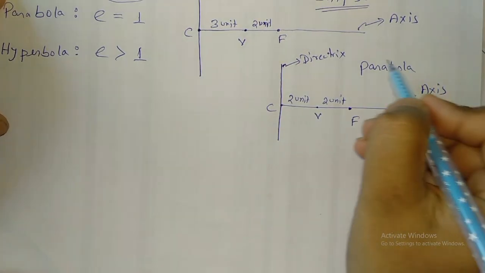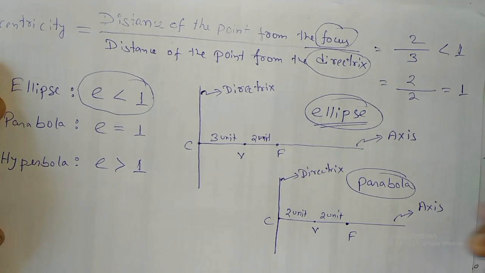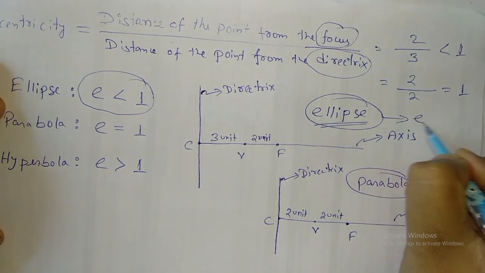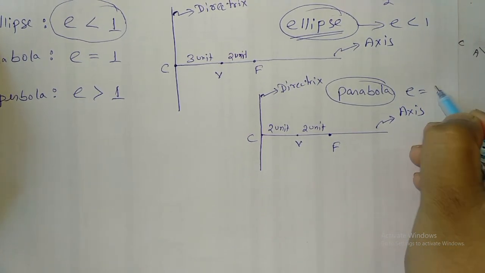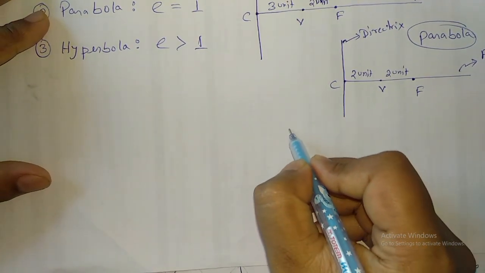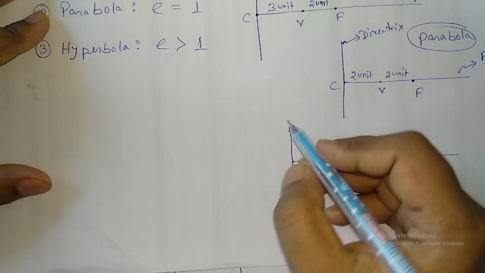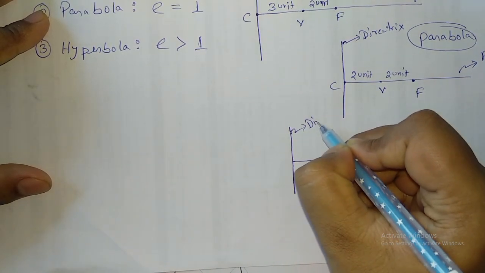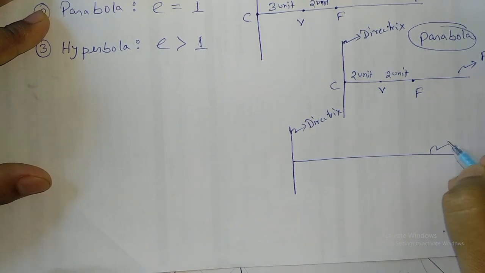So I have discussed the parabola and the ellipse. For an ellipse e is less than 1, for a parabola e is equal to 1. Now for the hyperbola, again I am going to draw the directrix and axis. This is my directrix, and this is my axis.